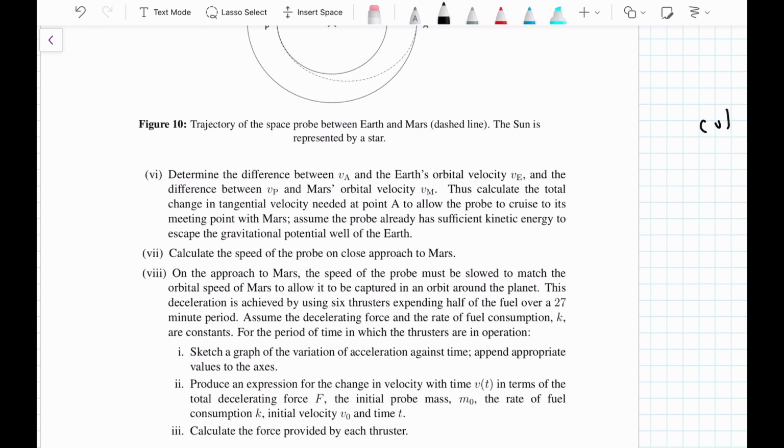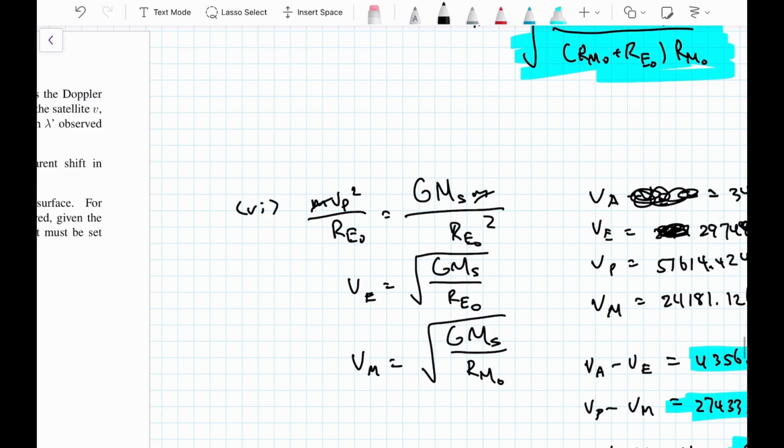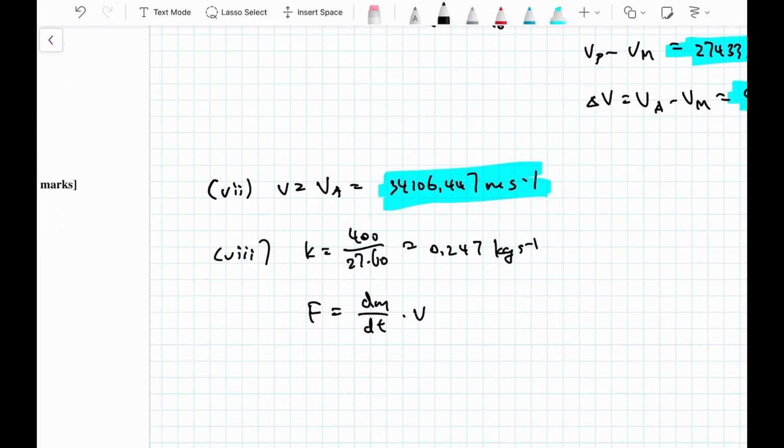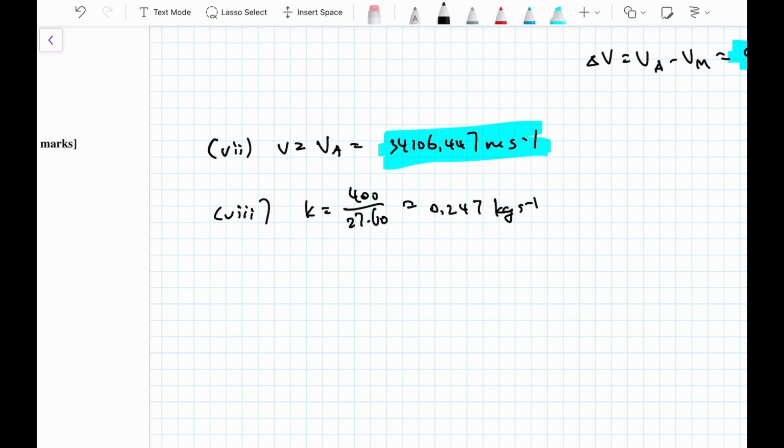So, assuming the decelerating force and the rate of foil consumption K are constants, if the decelerating force is a constant, then we aren't getting any kind of information, so we can just say it is a constant. Let's just say F. And then what we want to calculate is simply the acceleration, right? The acceleration in terms of time.